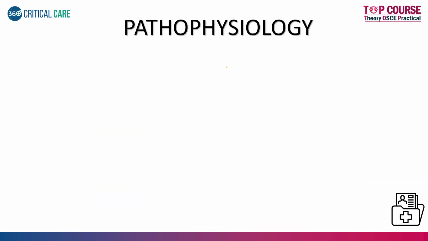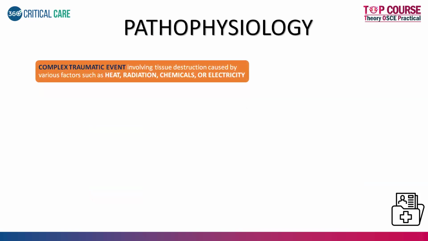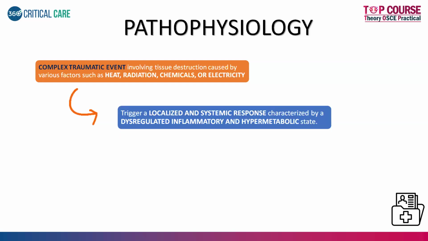Coming to pathophysiology, burn is a complex traumatic event which involves tissue destruction caused by various factors like heat, radiation, chemicals, or electricity. Usually, this sets in a dysregulated inflammatory response that can be initially local and then become a systemic response. It starts off as a hypometabolic state and ends up as a hypermetabolic state.